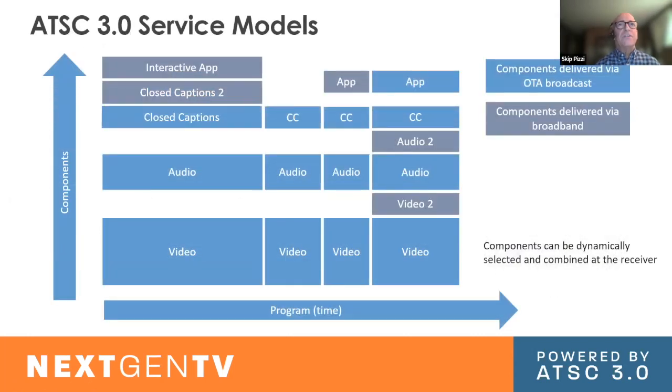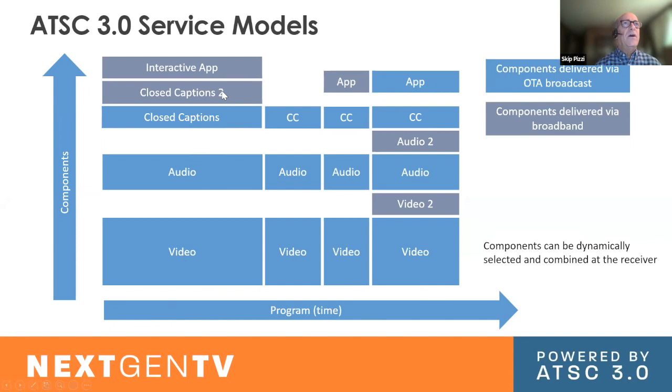And here's just an example of, let's say this is a program guide, a schedule going across the bottom here. We've got 4 programs in sequence here. The first program comes along. It's got audio, video, and captions, of course. And those, in the blue, are over-the-air delivery.